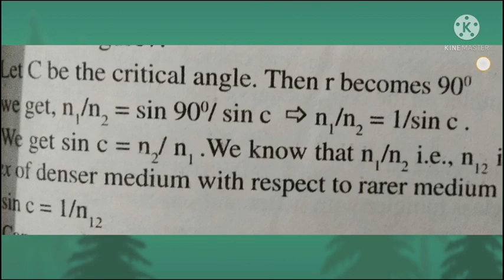We already know n1 by n2 equals n12, which is called refractive index of denser medium with respect to rarer medium. So sin c equals 1 by n12. This is the critical angle.